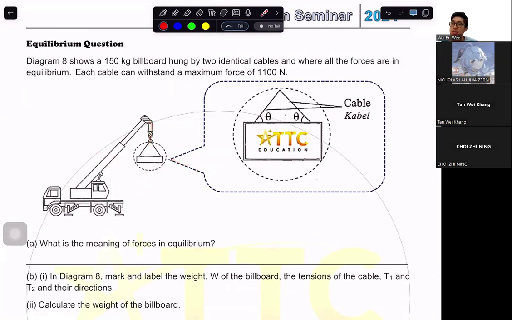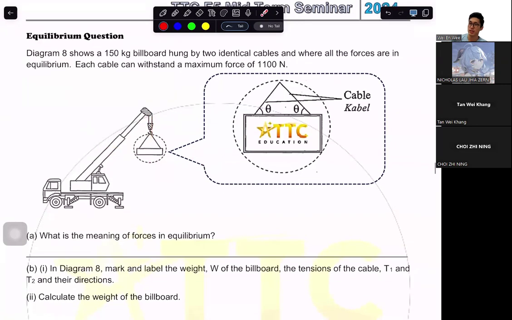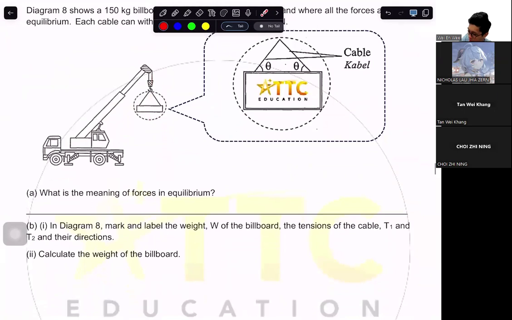The resultant force is zero. Or you can say there is no resultant force acting on the object.